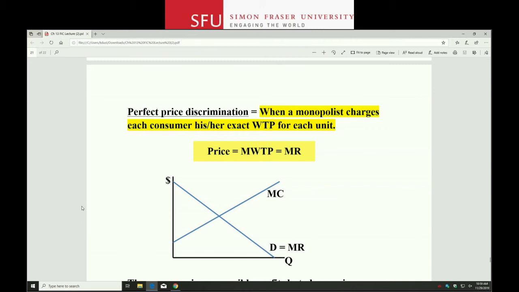Okay, so what that will mean then is that your marginal willingness to pay, or the price that you're willing to pay for the good, is the firm's marginal revenue then.